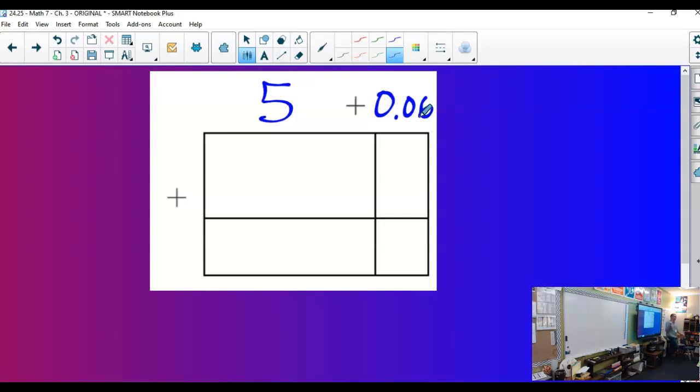For us doing this together, let's all just put the 5.06 on top. You could also, on your graph paper, draw another one if you want to leave what you've already written. So if the 5.06 is on top, the 2.3 is on the left.